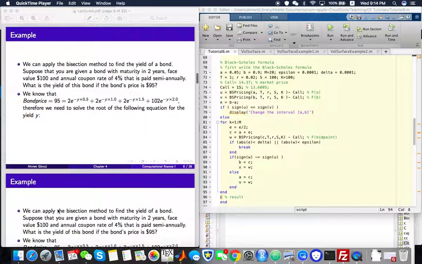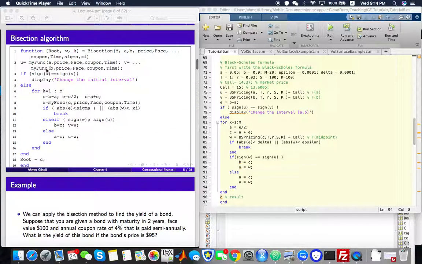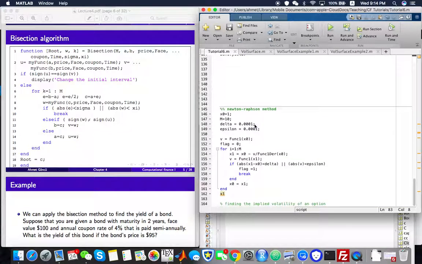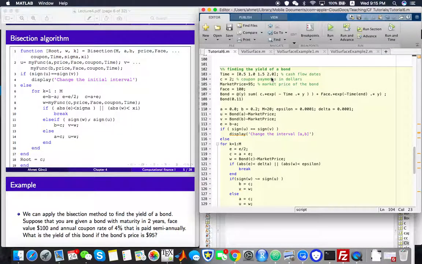So this is our setup, and if we look at our sample code here, we can try to implement this in Matlab. For this problem, let's go to our bisection here. First I need to set up the times of each payment.